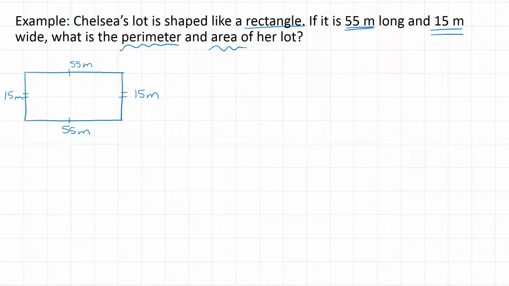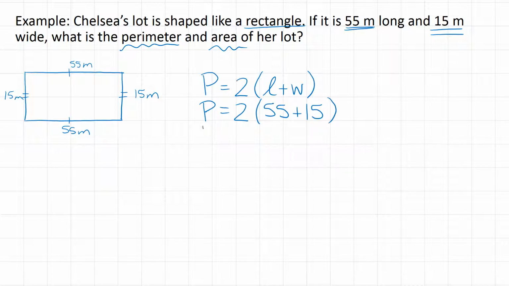I know perimeter of a rectangle is equal to 2 times the length plus the width. So I'm going to plug in the length and the width and determine the perimeter first. P is equal to 2 times the length, which is 55, plus the width, which is 15.